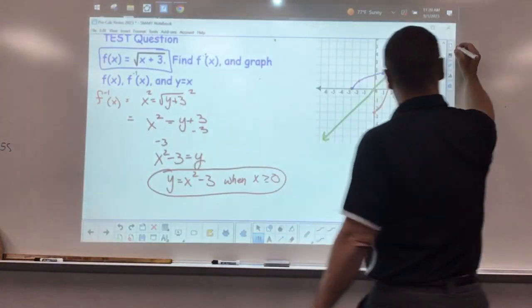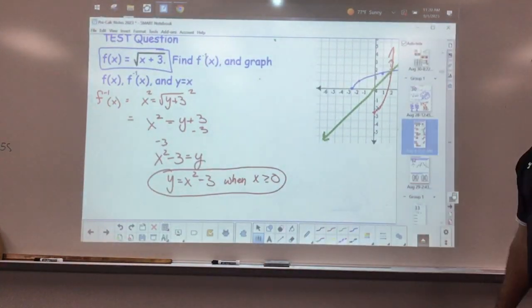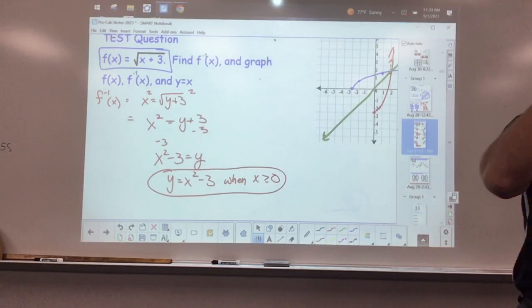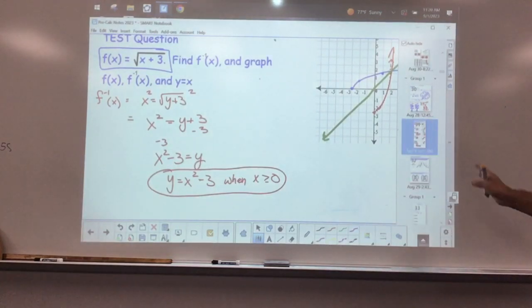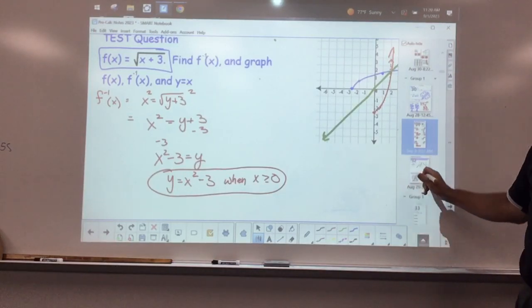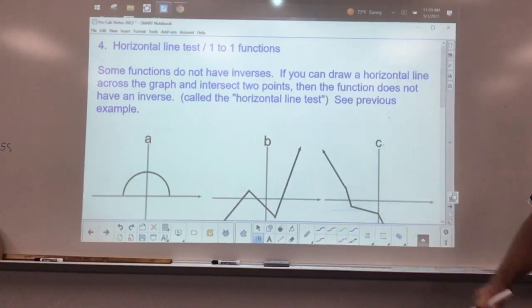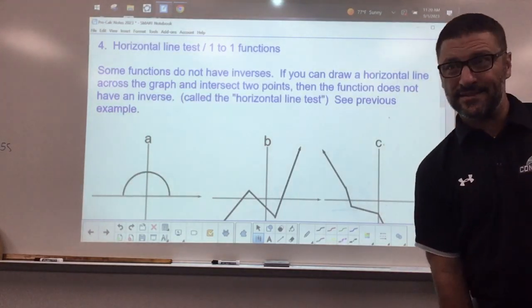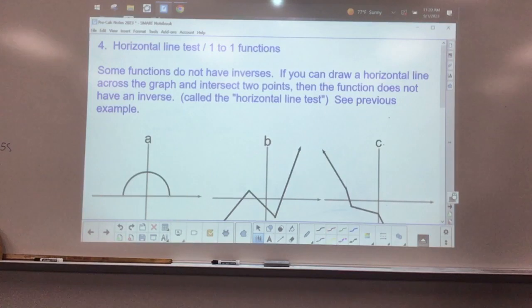All right, last thing that goes with this, and this is a little sidebar note. This was in the book, and it's really not that mind-blowing, but let's look at this. There is an actual thing called the horizontal line test. You have one called the vertical line test, and there's actually one called the horizontal line test.